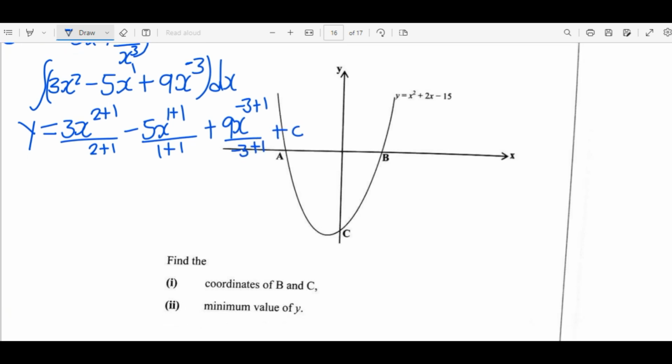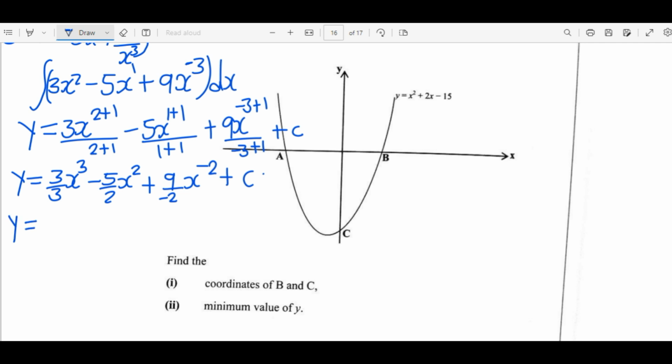plus the constant. So y is equal to 3 over 3 times x raised to the power 3 minus 5 over 2 times x raised to the power 2. Here we are going to have 9 over negative 2 times x raised to the power negative 2 plus c. Then we can't leave our final answer with a negative power, so we have to take it back to the bottom.